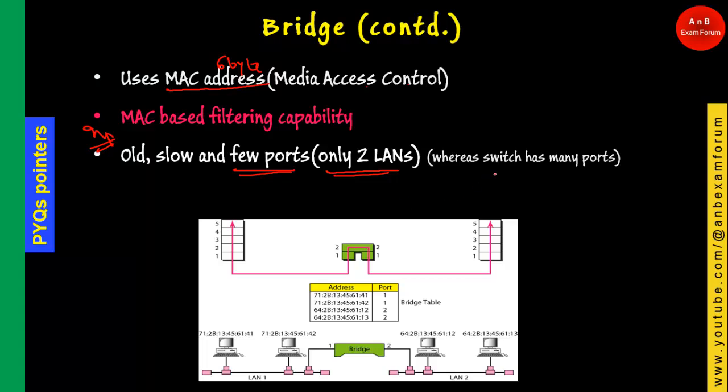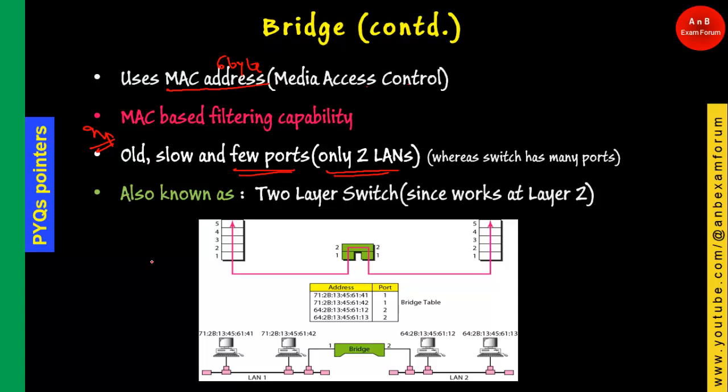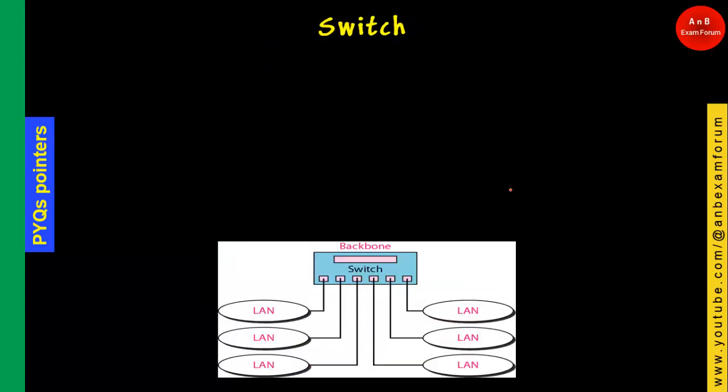This is the primary difference between the bridge and the switch. And it is also known as a layer 2 switch since it works at layer 2. Let's see the next pointer.